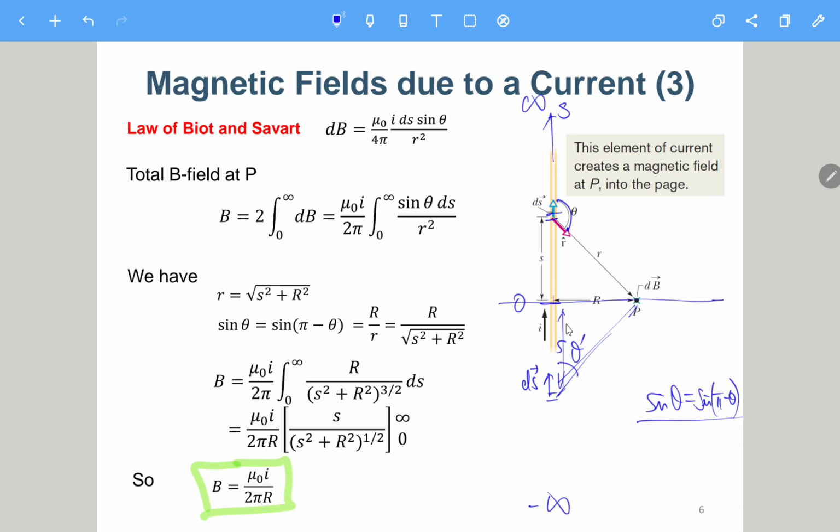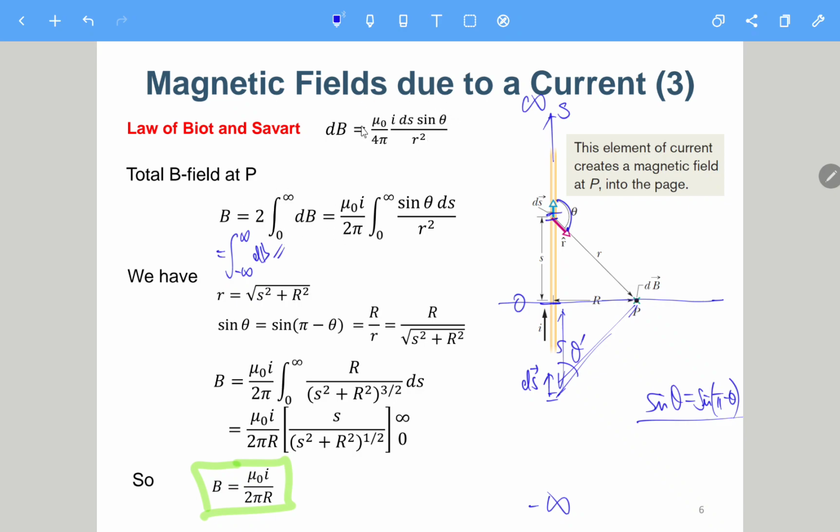So this segment and this segment give the same value, and we can simplify it to 2 times the integration from 0 to infinity of dB, rather than the integration from negative infinity to infinity. As it is symmetric, it becomes 2 times half of it.